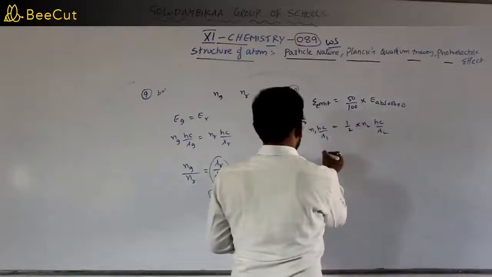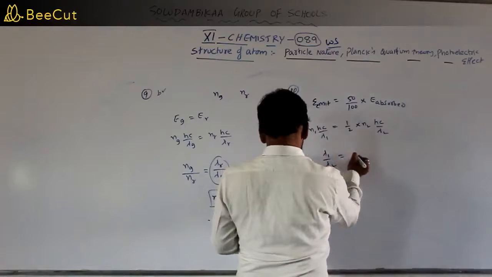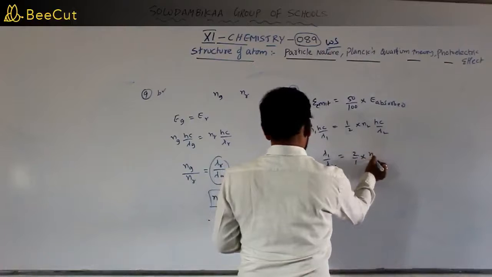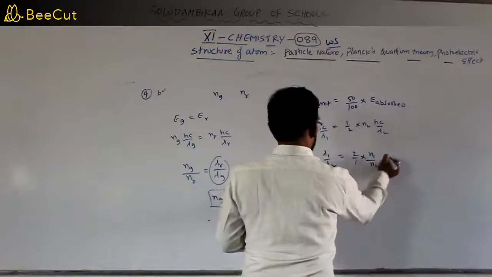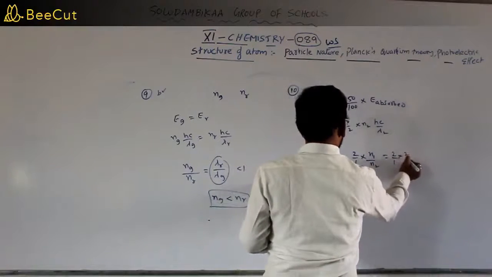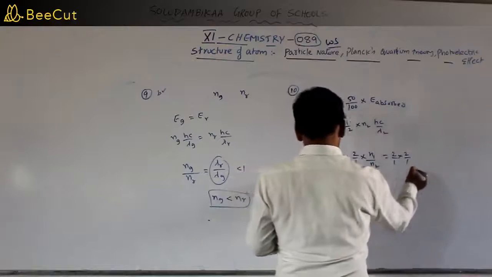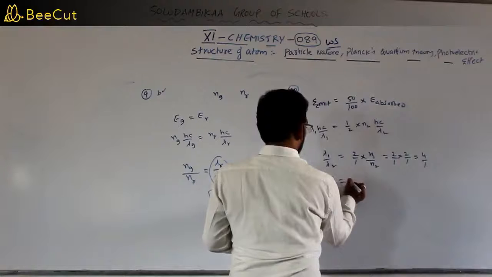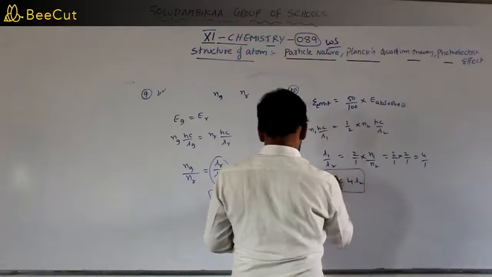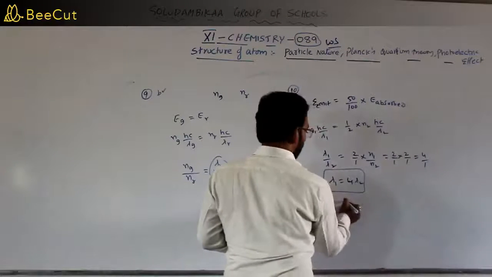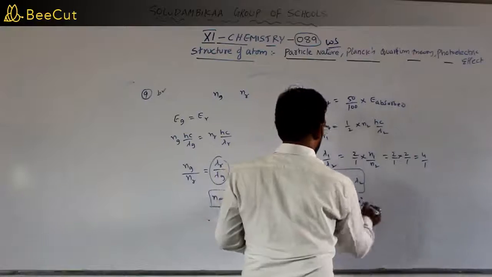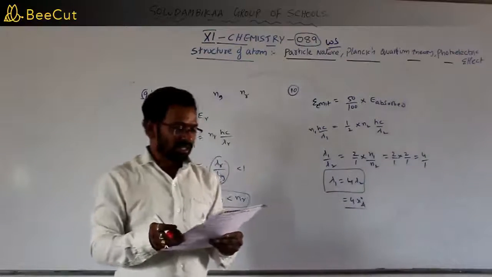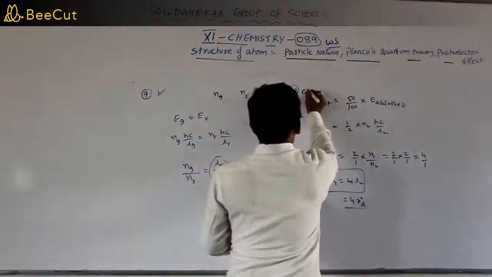With the available formulas, lambda 1 by lambda 2 is equal to 2 by 1 into N1 by N2. Also N1 by N2 is given as 2 by 1, so we can write 4 by 1. So lambda 1 is equal to 4 into lambda 2. Lambda 2 is given as x angstroms, so 4x angstroms we will write. Which option is correct? Option C is correct.